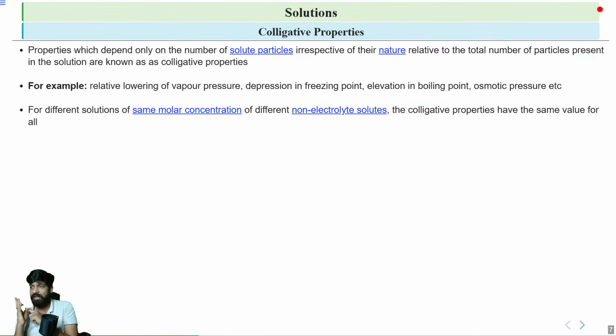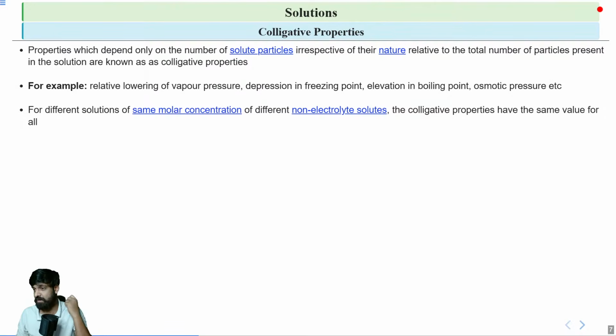These are three non-electrolyte solutes, and if you keep three different solutions with the same molar concentration in all of them, the nature is different because the three compounds are different, but since the molar concentration is the same, the colligative property will have the same value. So this is the physical meaning of the definition.